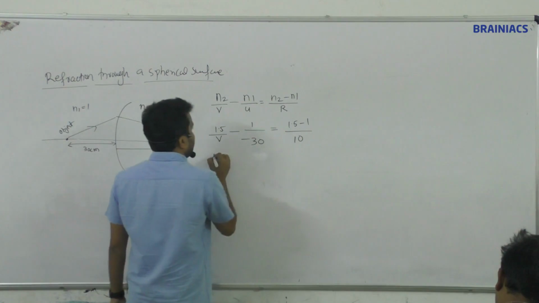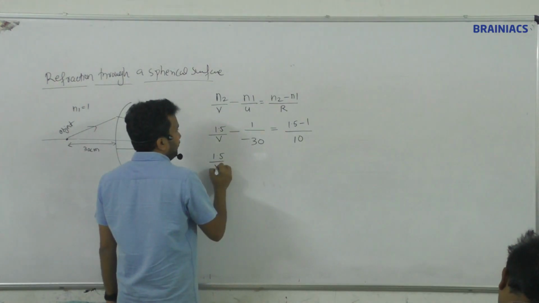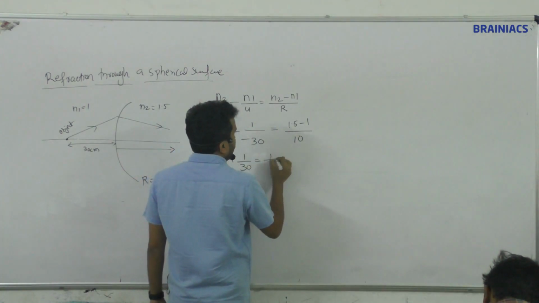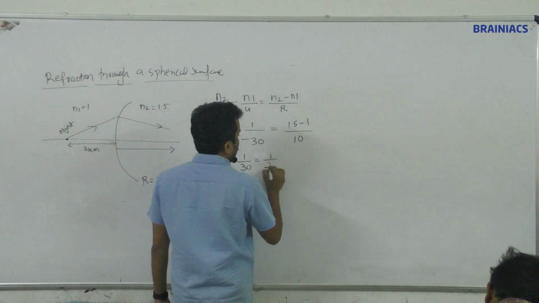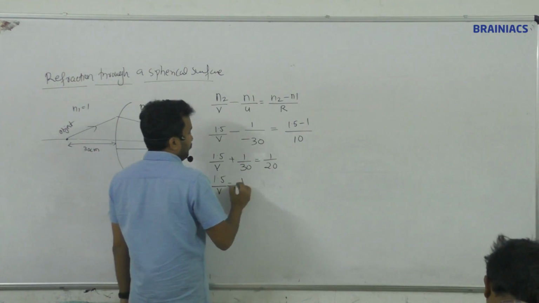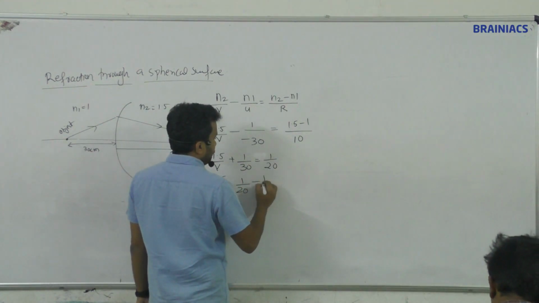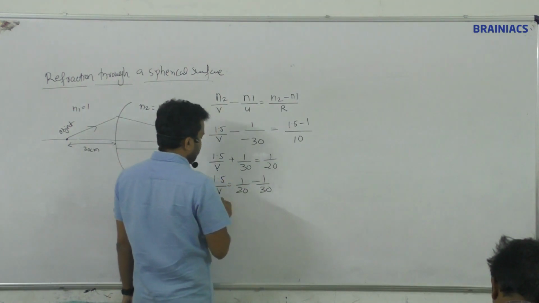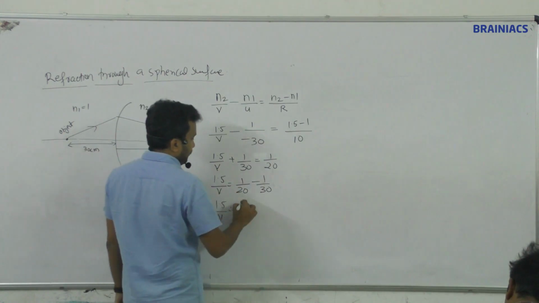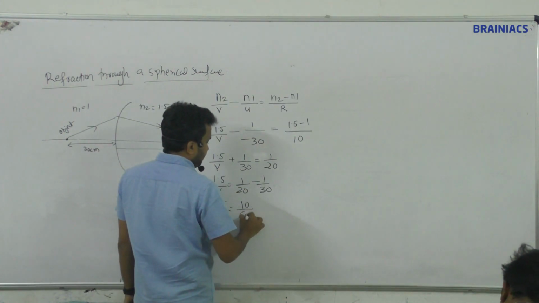Now we have to simplify this. 1.5 divided by v plus 1 by 30 is equal to 1.5 minus 1 by 10, which is 1 by 20. 1.5 divided by v is equal to 1 by 20 minus 1 by 30. That is 30 minus 20, which is 10 divided by 600.